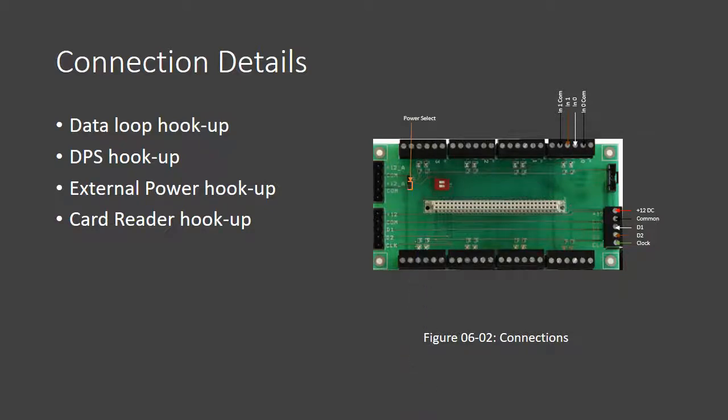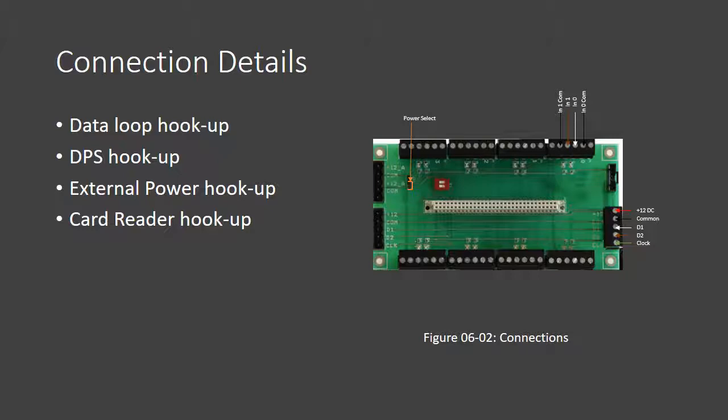As mentioned earlier, you have a jumper which allows you to select between power sources for the card reader. The card reader can be sourced by the power for the data loop, which is the default position of the jumper, but it can also be sourced by an external power supply.